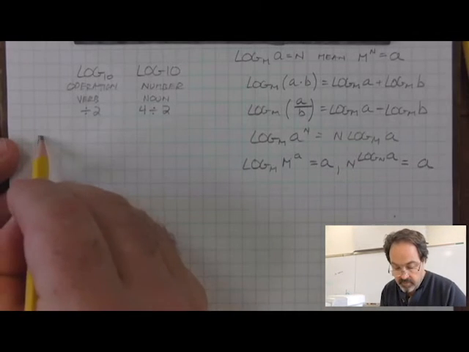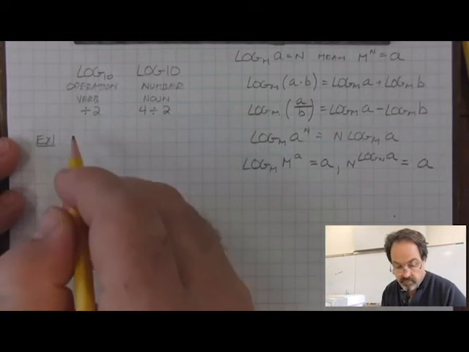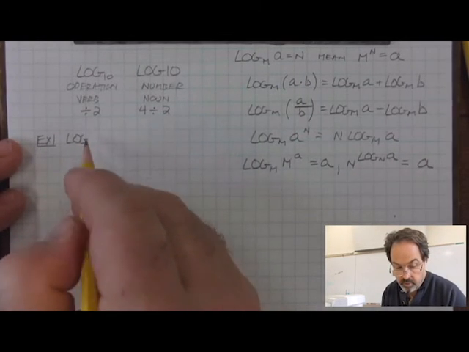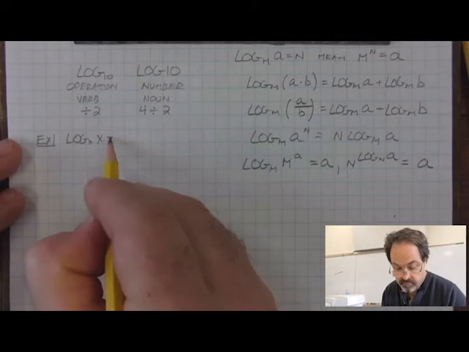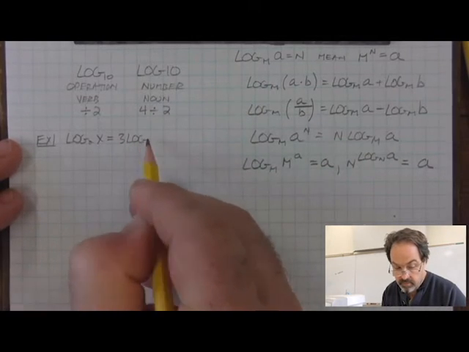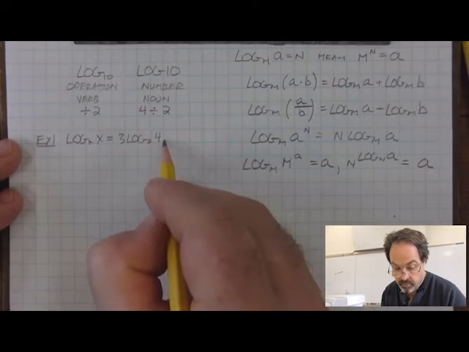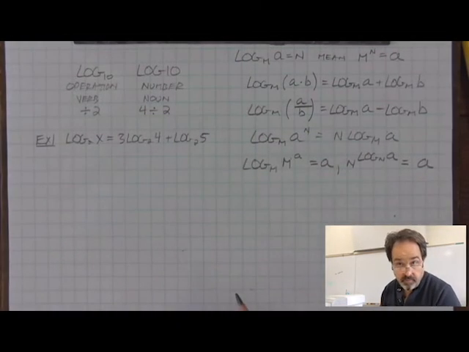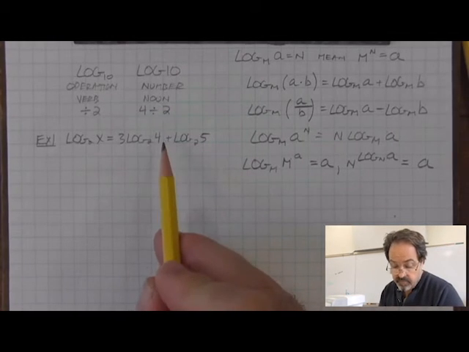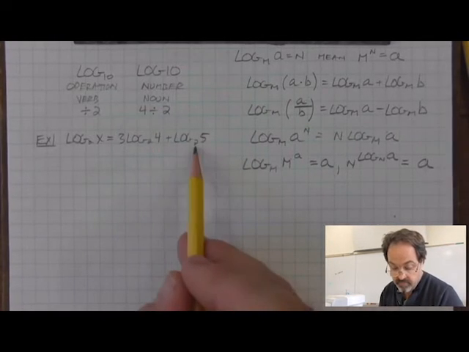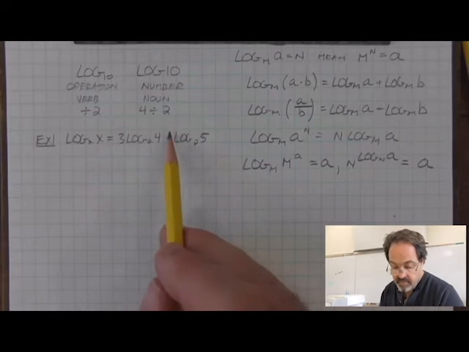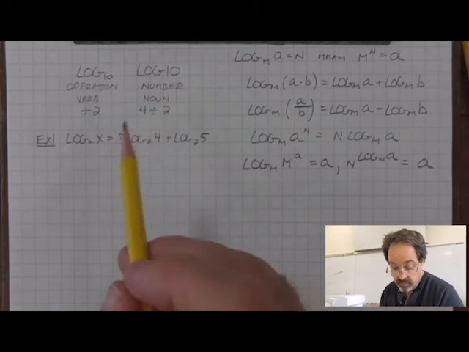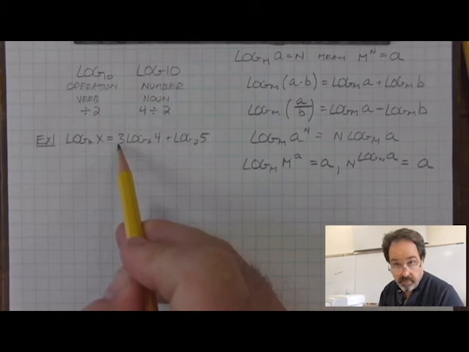So with all of that, let's solve a couple of example log equations. Log base 2 of x is equal to 3 log base 2 of 4 plus log base 2 of 5. Careful, we have a sum of two logs, and the logs have the same base. But this side here doesn't exactly match the pattern because we're multiplying by 3.